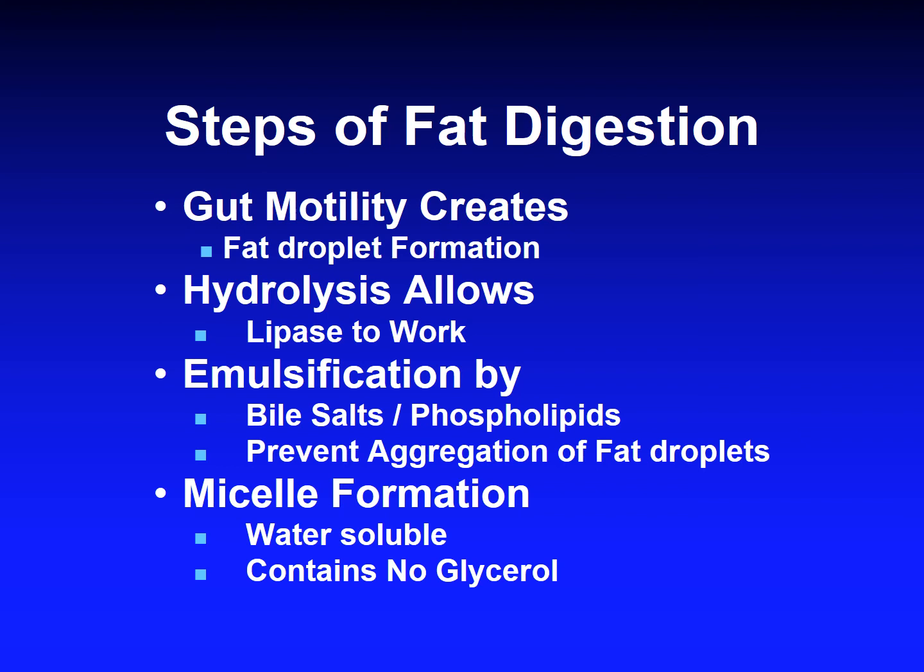Remember the phospholipids, lipophilic and hydrophilic, the amphipathic properties of phospholipids, which makes it more and more available for lipase and phospholipases to work on it. So we then emulsify it, and then we do the micelle formation, which is basically a water-soluble molecule that will get into the enterocyte.